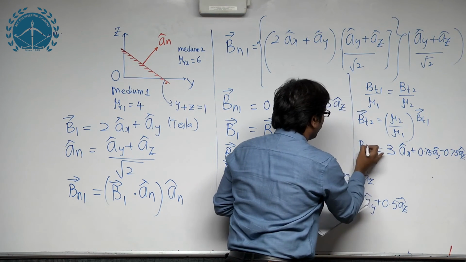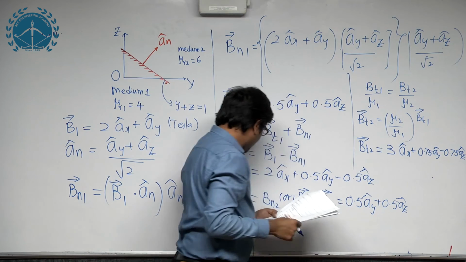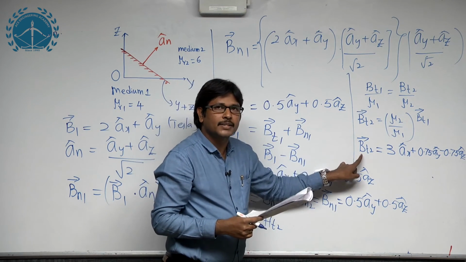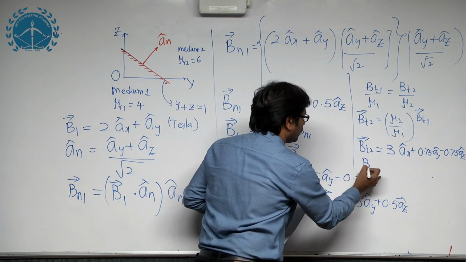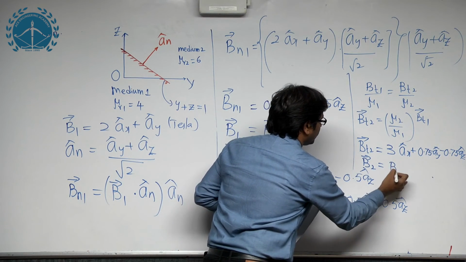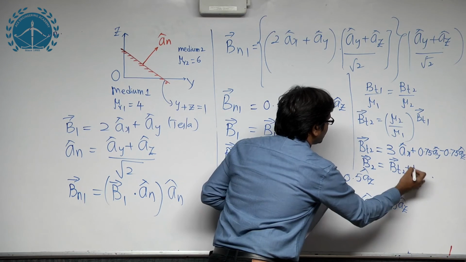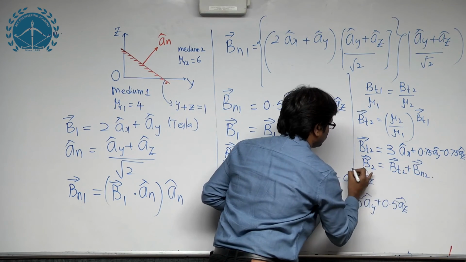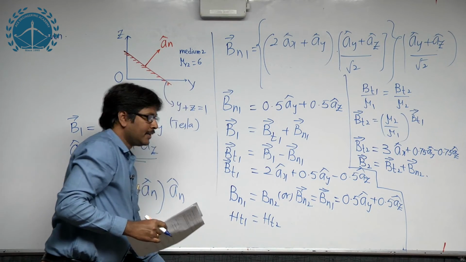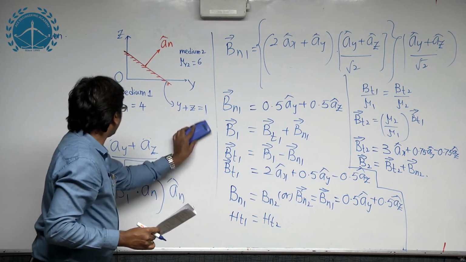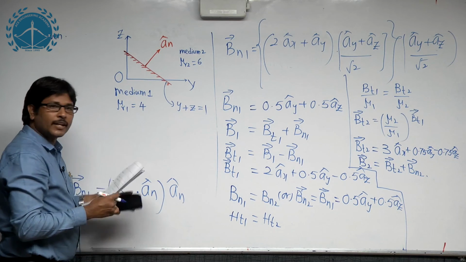Once we have Bn2 bar and Bt2 bar, by taking the vector sum of the tangential and normal components, we can estimate B2 bar. Therefore our B2 bar is Bt2 bar plus Bn2 bar. Once we obtain this, we can find the magnitude of magnetic flux density.